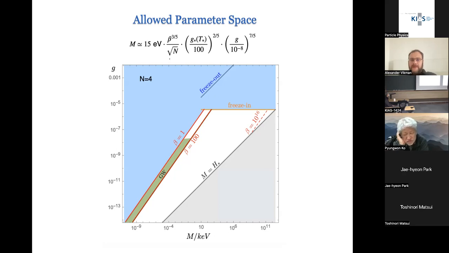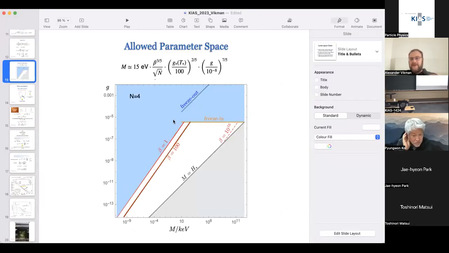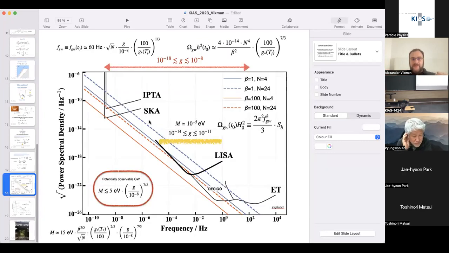Because you see, roughly speaking, it's 10⁻⁸ in G, and you see the gravitational waves, of course, are produced in all this white region, right? The point is just for observable gravitational waves. Because you see 10⁻⁸, roughly speaking, you go to the Einstein telescope and so on.